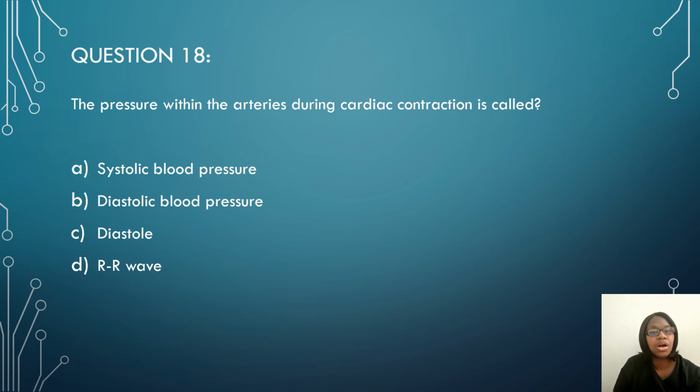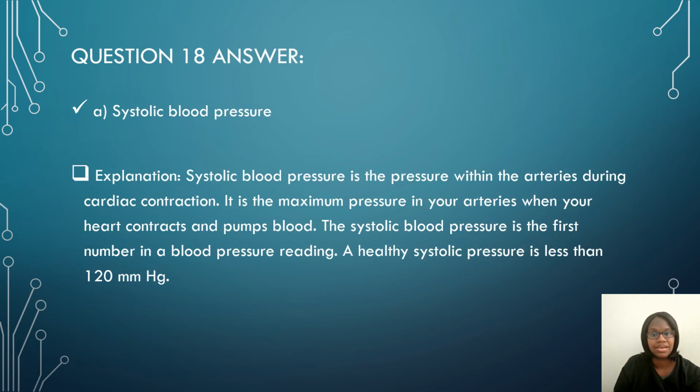The pressure within the arteries during cardiac contraction is called what? The pressure within the arteries during cardiac contraction. All right, your systolic blood pressure. So just keep in mind a healthy systolic pressure is less than 120, okay?